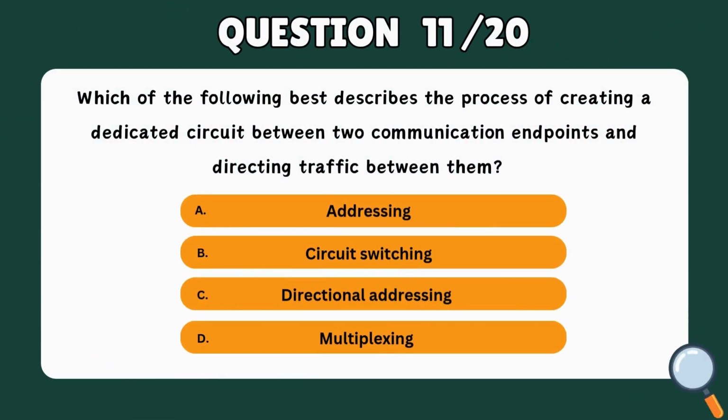Question 11. Which of the following best describes the process of creating a dedicated circuit between two communication endpoints and directing traffic between them? A. Addressing, B. Circuit switching, C. Directional addressing, D. Multiplexing.